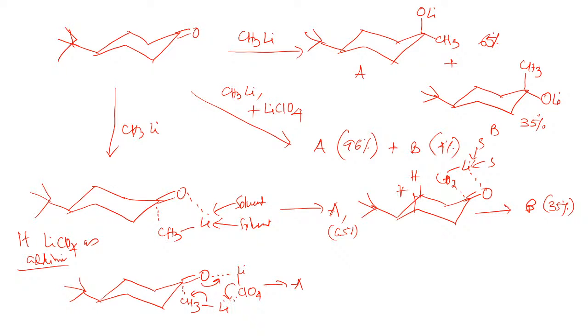So this methyl lithium coordinates with the chlorate, and this oxygen coordinates with the lithium, so you get a 6-member ring, and then this bond formation happens.